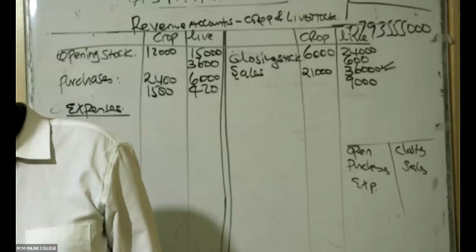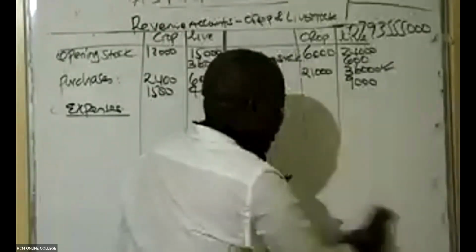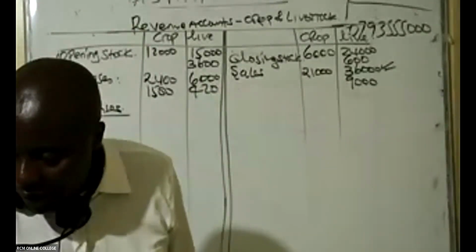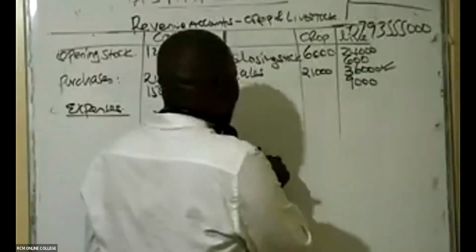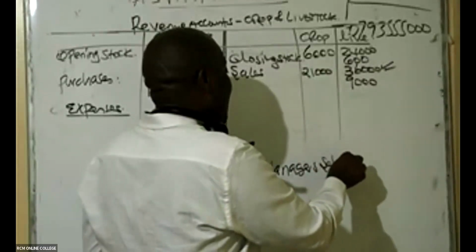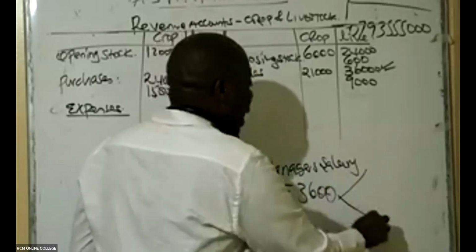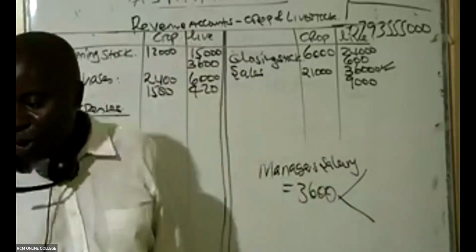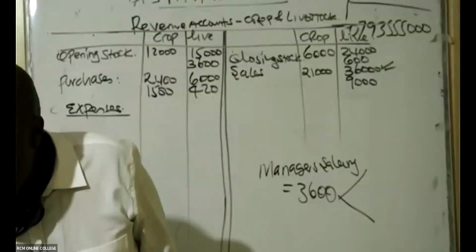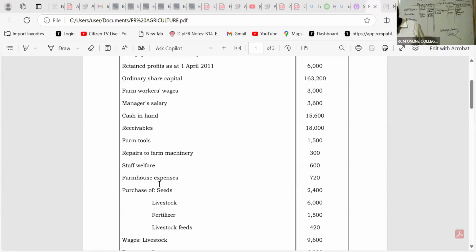So we have here manager's salary, 3,600, but this is to be apportioned.